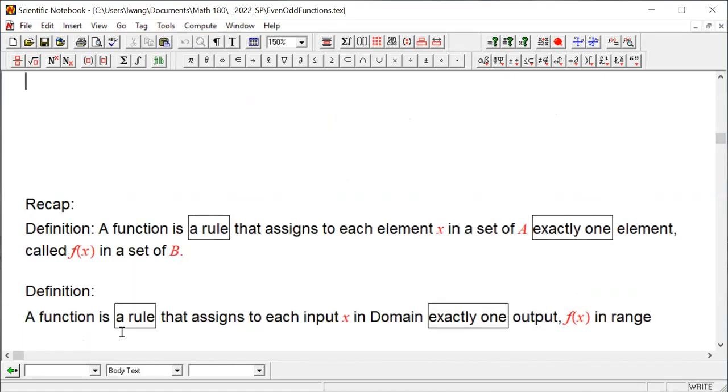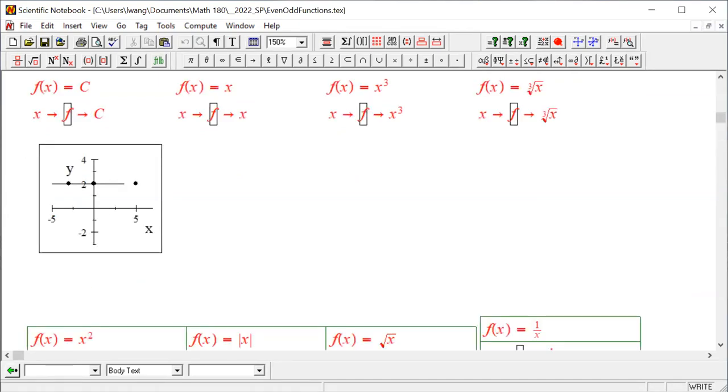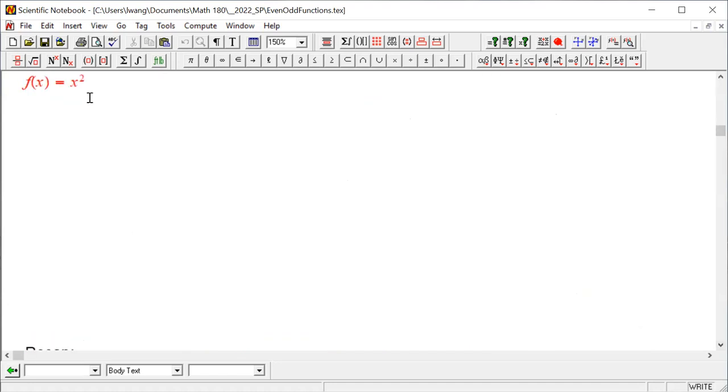And from the algebraic definition, you can tell that negative x squared is always the same as x squared, for any real number x, for any x in the domain of all real numbers, so negative infinity to positive infinity, right?